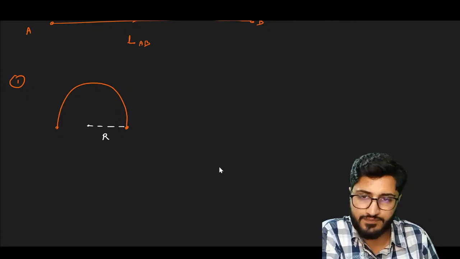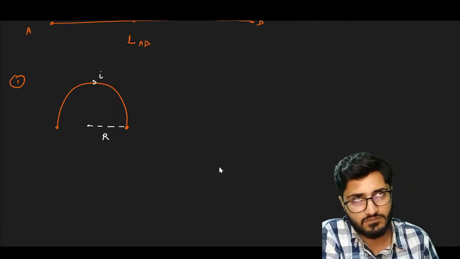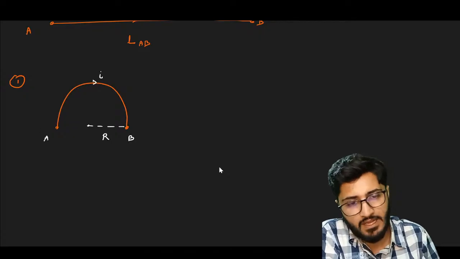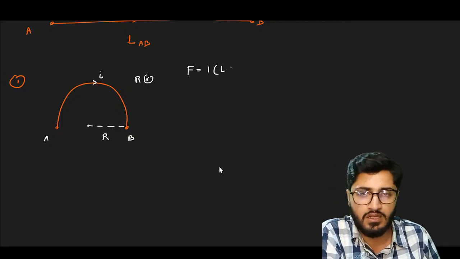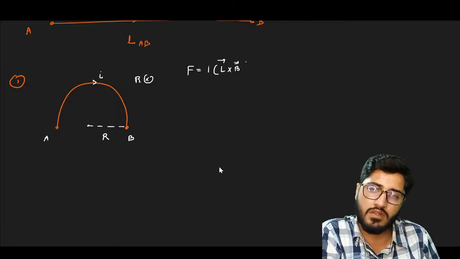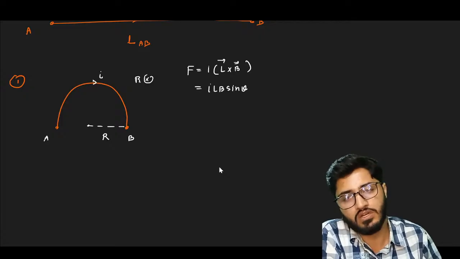Radius is r, current is I, points A and B. Magnetic field is inside, like this. So I can write F equals I L cross B, or I L B sin theta. Take your right hand.